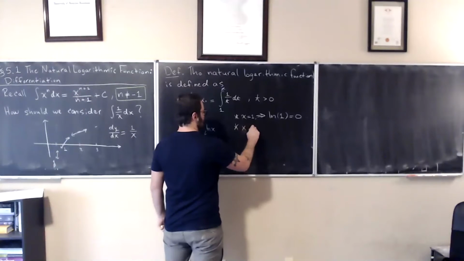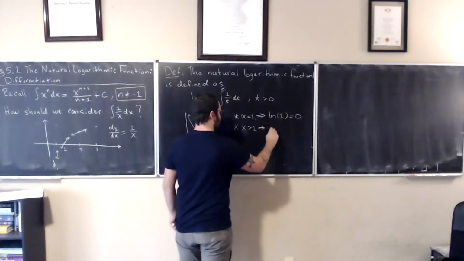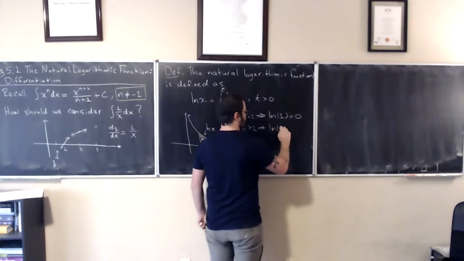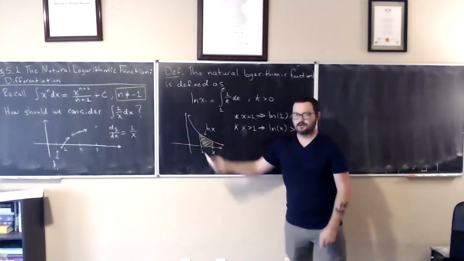If x is greater than 1, then the natural log of x is going to be positive. And it's just this area, right?